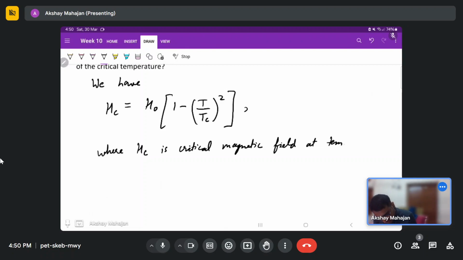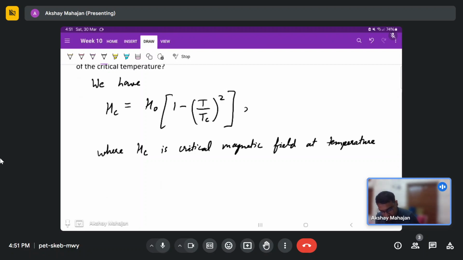And critical magnetic field is basically the magnetic field because of which your superconductor goes from superconductor to normal conductor. If you apply this critical magnetic field, it will go from superconductive to just that normal conductor.